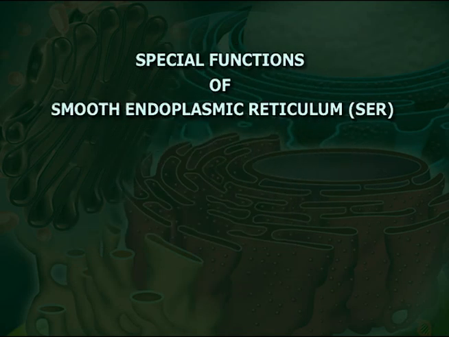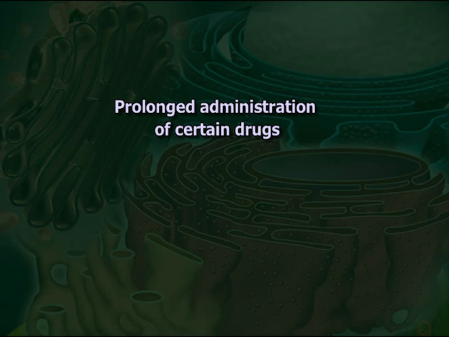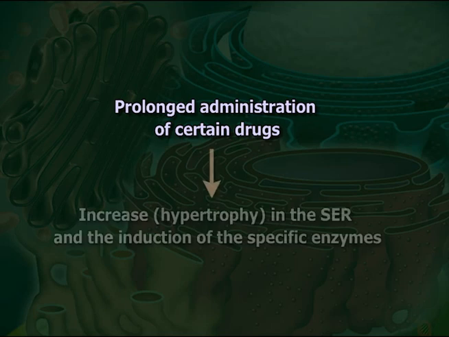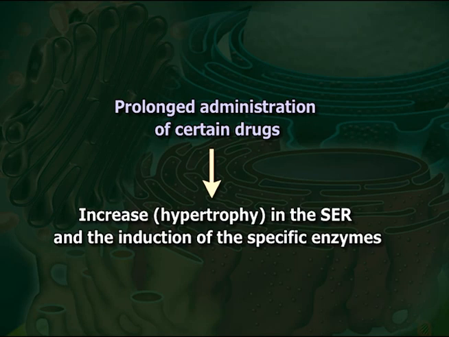Moving ahead, we discuss the special functions of smooth endoplasmic reticulum, that is SER. Detoxification. An important function of SER is in the detoxification of many endogenous and exogenous compounds. The prolonged administration of certain drugs produces an increase, that is hypertrophy, in the SER and the induction of the specific enzymes.